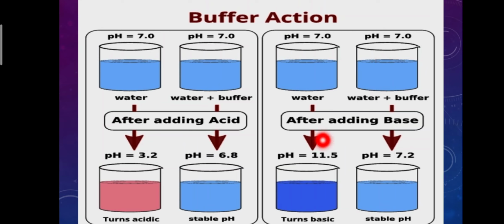After adding the same amount of base, there is a negligible change in pH, that is 7.2, which is nearer to 7. This solution has a stable pH because of buffer action.